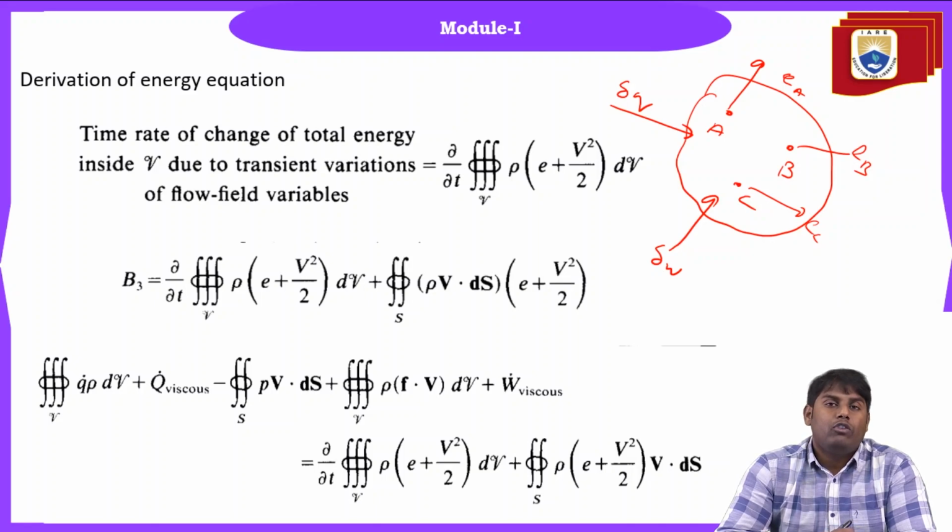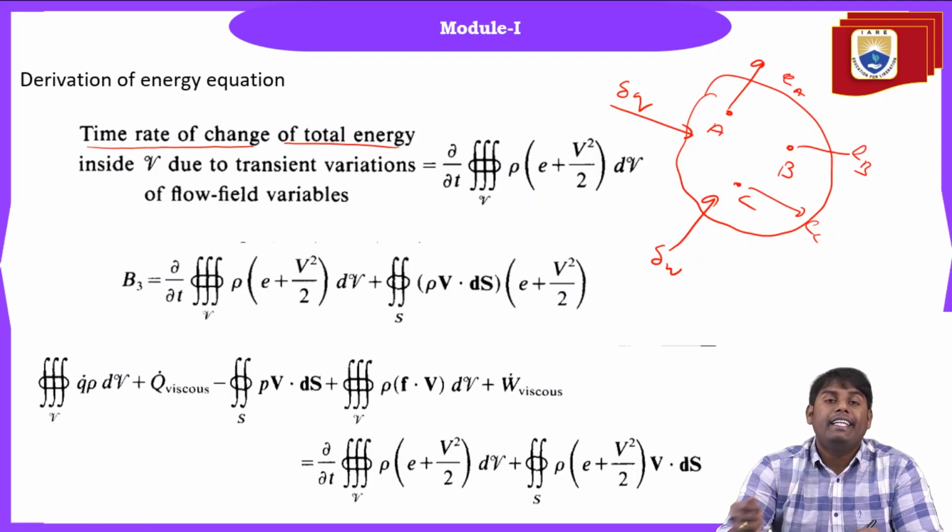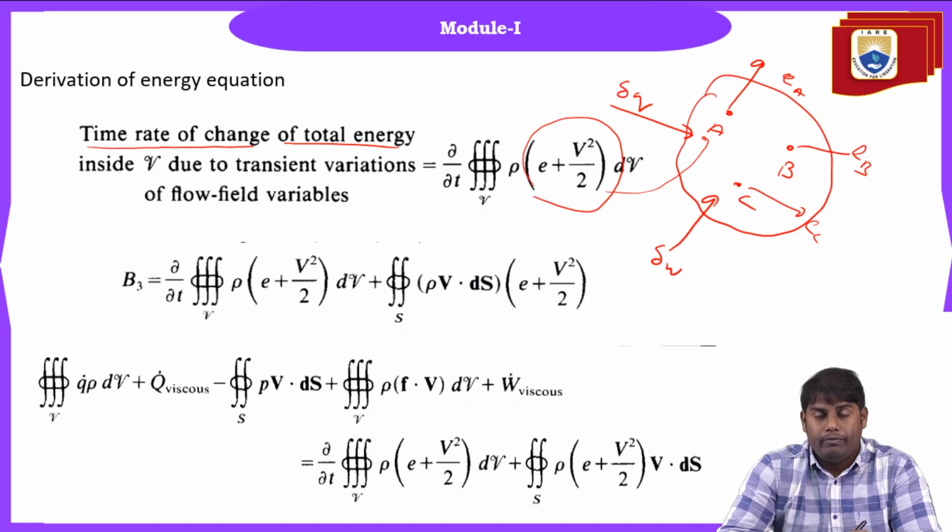So what we do is we take the average. When heat is applied and work is happening in the system, there is a time rate of change of total energy of the system, so the change in energy of the entire system happens. E plus V square by 2 is for one single atom or one specific quantity.